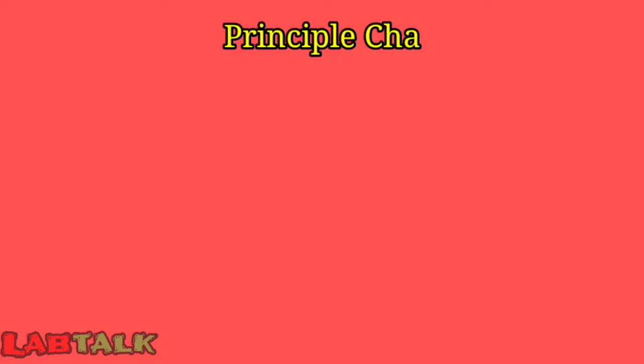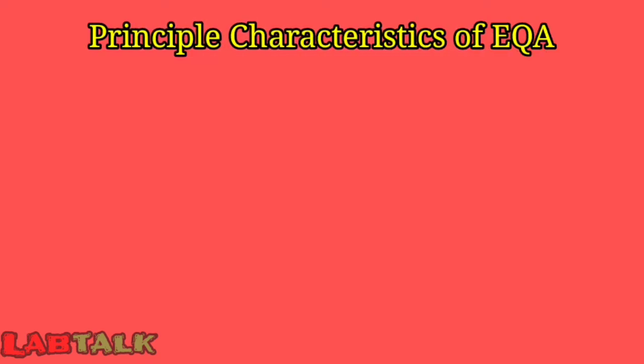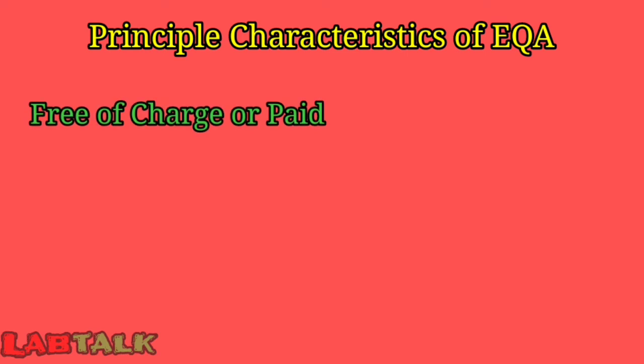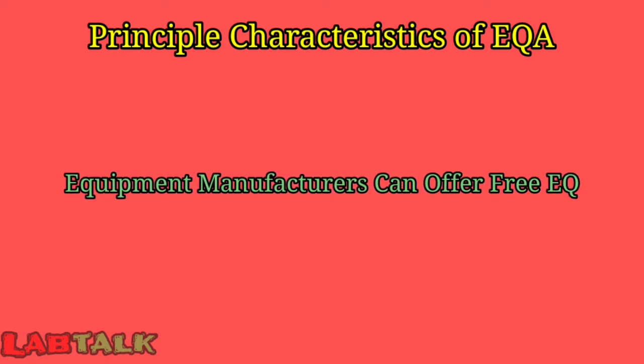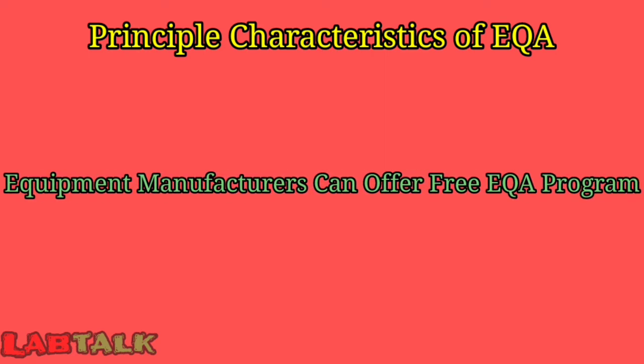Now we will see what are the principal characteristics of an IQA scheme. IQA programs can be either free of charge or require a fee. Free IQA programs include those offered by a manufacturer to ensure equipment is working correctly, and those organized by regional or national programs for quality improvement.